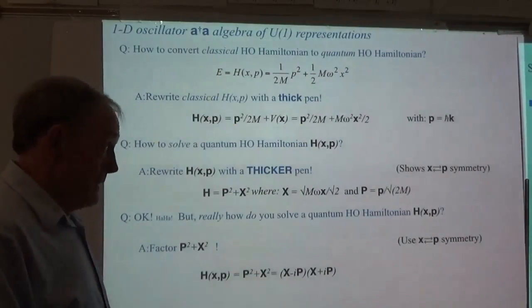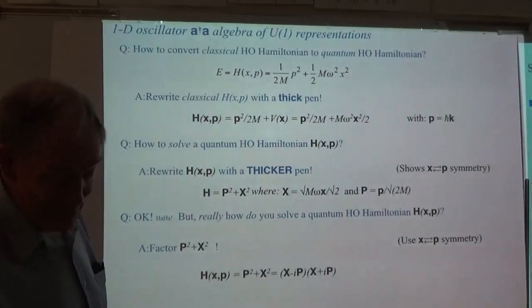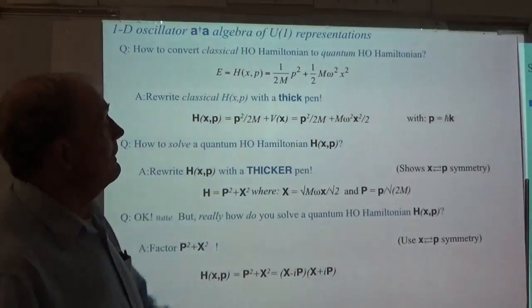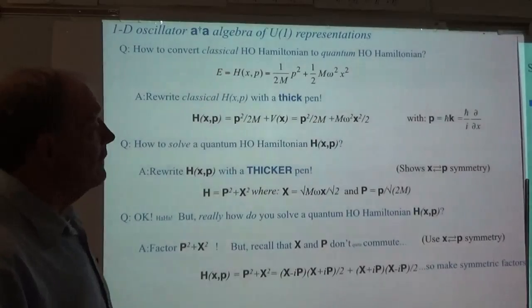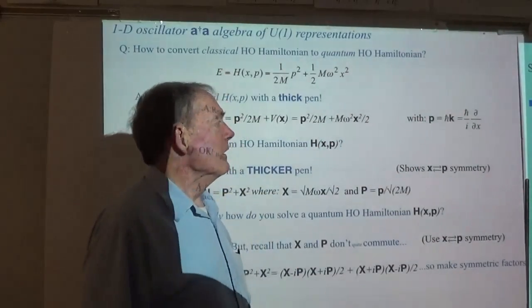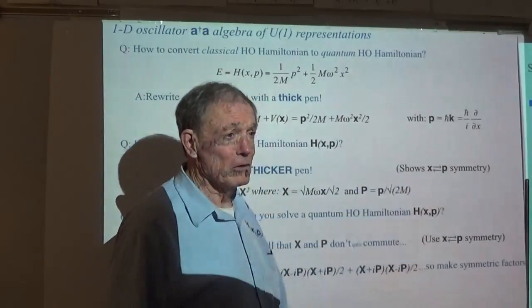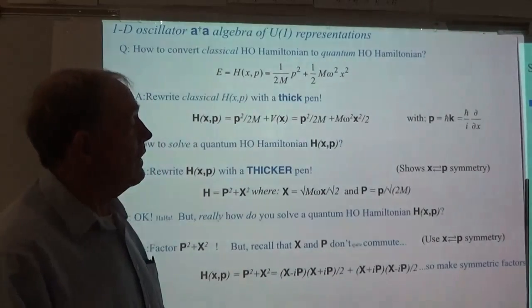Well, there's a couple of flies in this ointment. The problem is that these x's and p's, you have to figure out what those x's and p's are. There are a couple of clever ways to show that the p is a differential operator. That's something you'll learn right away, and something that we haven't covered yet.